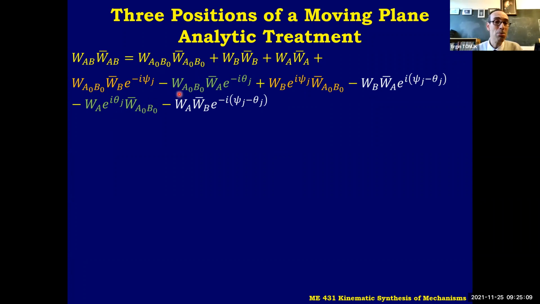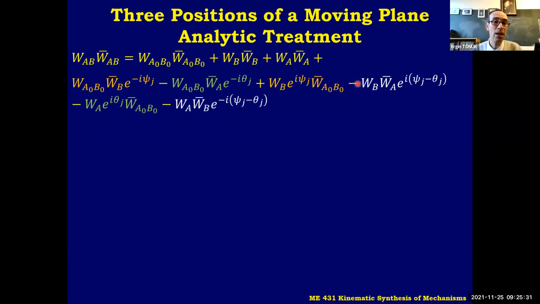So it's W A0 B0, W bar A0 B0, W bar A, W A, e to the minus i theta j, e to the i theta j. So everything is complex conjugate of each other, okay?